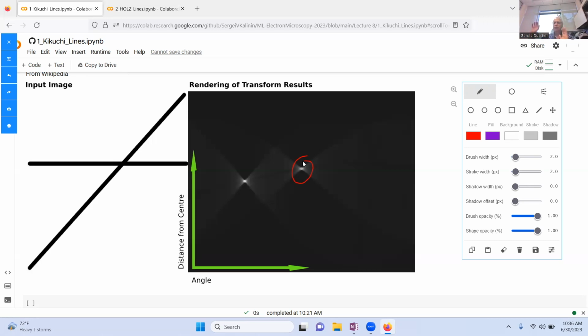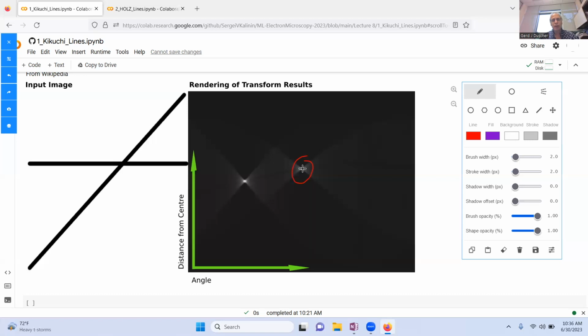And if you have this a few times, so you have one spot and you have all different lines, you calculate what that would be in Hough space. And a line, of course, is where they all meet. So any maximum in Hough space after the Hough transformation will be a line.